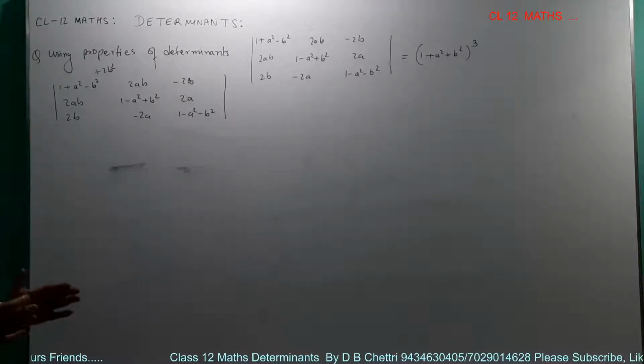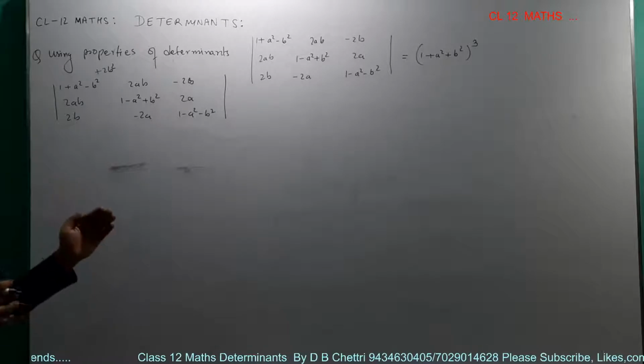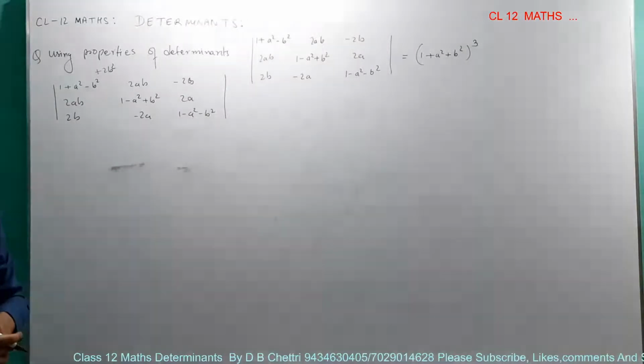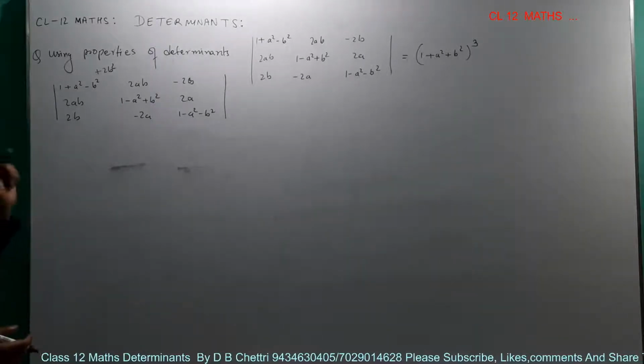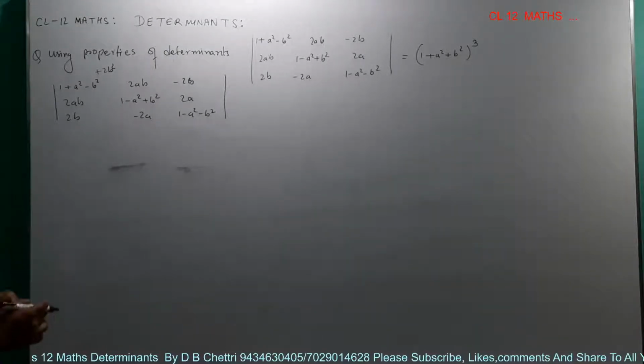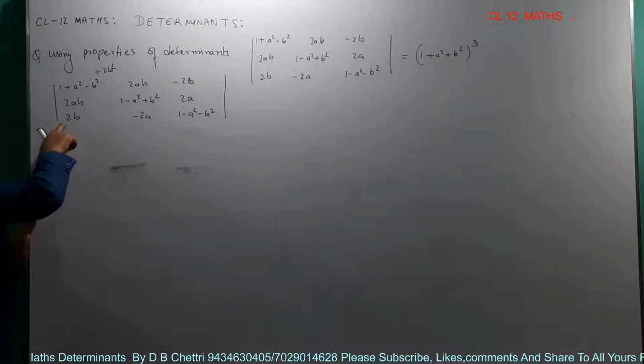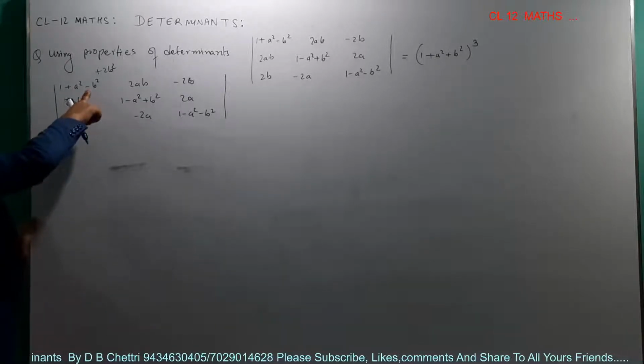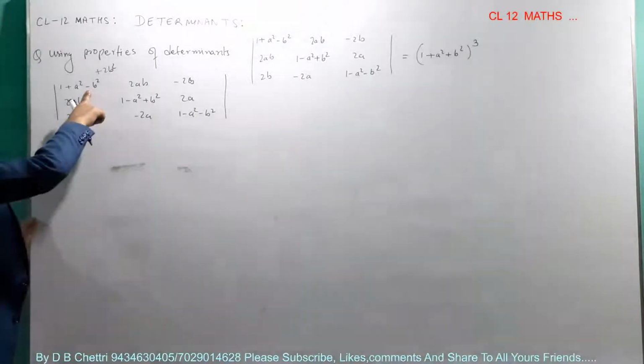And for that, to know their process, we need to practice 3-4 times each question to get the technique. Okay, now remember these questions, how to do the questions. We multiply this R3 with B and add it to R1.